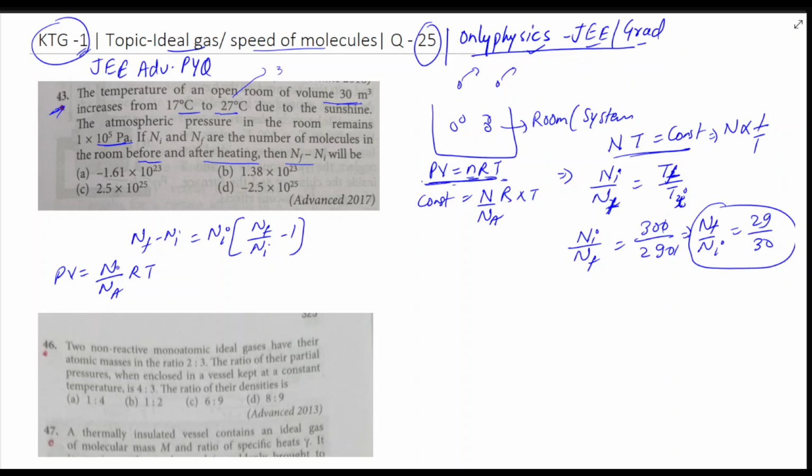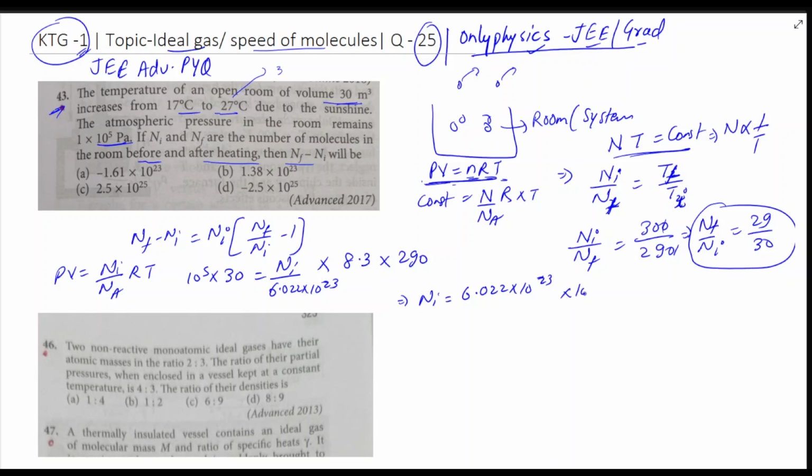Let's find Ni. The initial pressure was 10 raised to power 5, volume was 30, equals Ni, which we have to find, divided by Na 6.022 into 10 raised to power 23, into R 8.3, into temperature, the initial temperature was 290, right? So we'll just solve it. The calculation will be a little bit typical, otherwise everything is easy in this chapter.